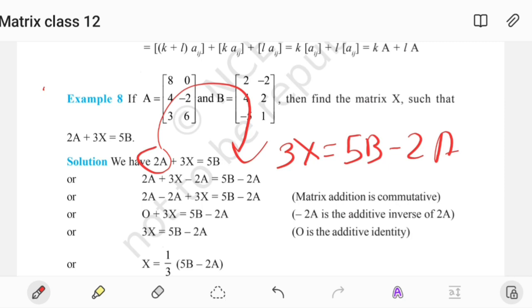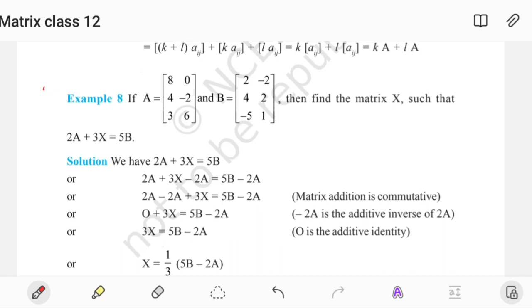In the case of real numbers we can do this. While solving the equations we can do this, because at that time we deal with real numbers. But here, in the case of matrices, such shifting is not a rule. The correct way of doing this is like this: adding to both sides a matrix which is minus 2a.